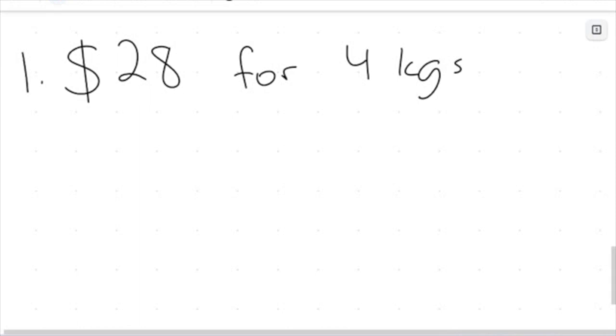So let's say I've gone to the butcher and I want to buy some meat, and I say to the person, well, I want 4 kilograms, please. And he says, sure thing, that'll be $28. I want to figure out, well, how much did I pay per kilogram of meat?